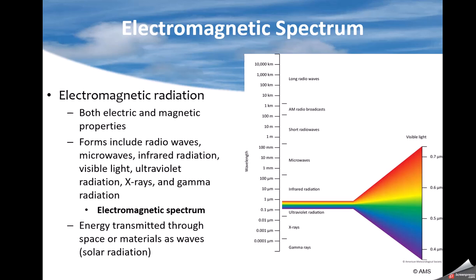All of that is a different form of electromagnetic radiation. Visible light, what you see, is a part of electromagnetic radiation, and it sits right in here in the visible light spectrum. Really not a lot of range compared to how far the different wavelengths can be.